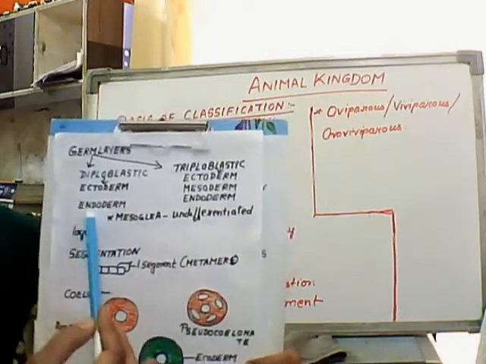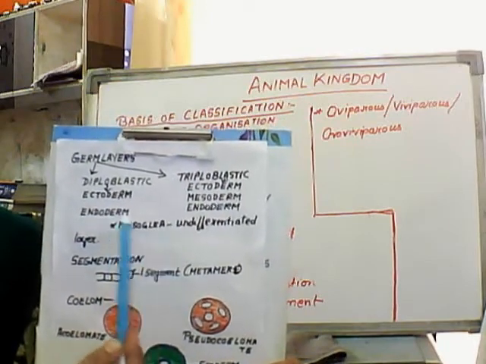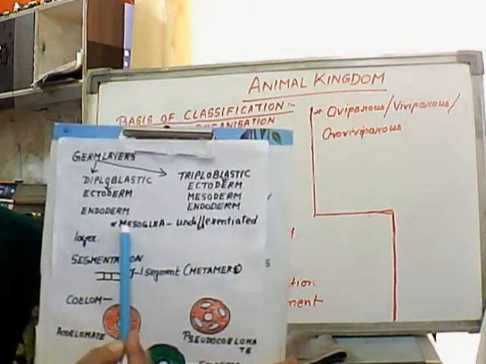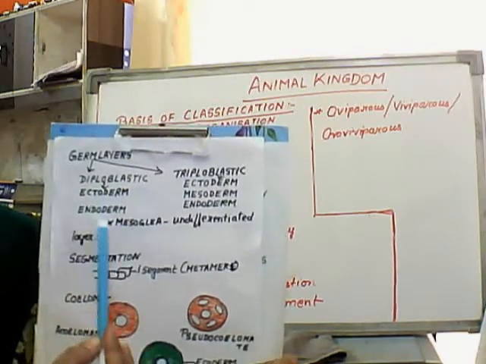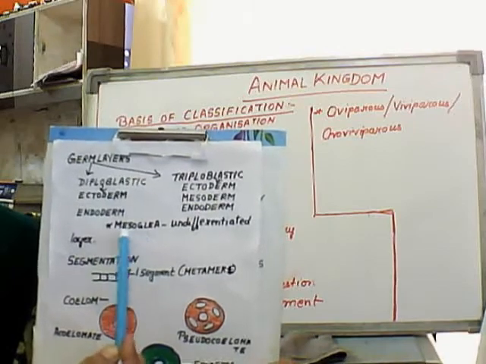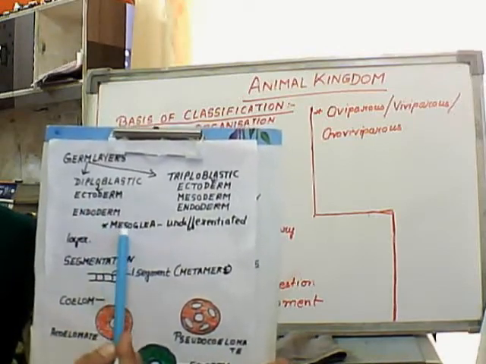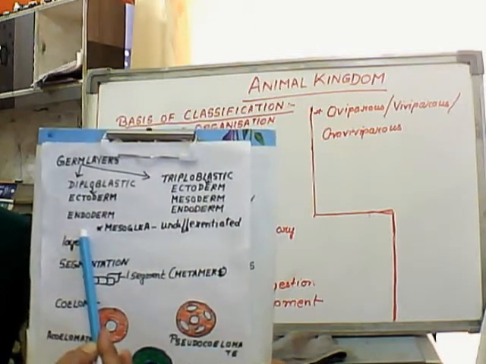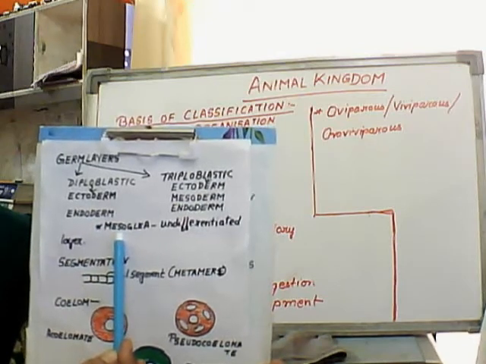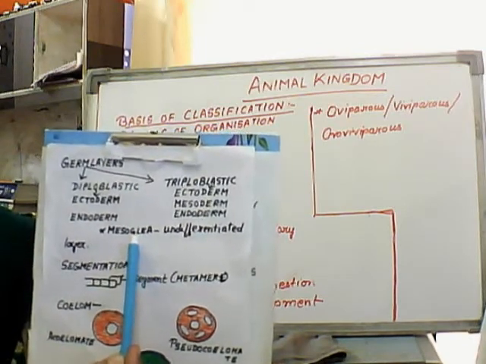Now while studying it, you will come across another term, mesoglea. This mesoglea character you will come across only with the diploblastic animals. Here you should remember that mesoglea is not the mesodermal layer. It is just an undifferentiated, jelly-like layer, but its appearance is a little bit different, so it is termed as mesoglea.